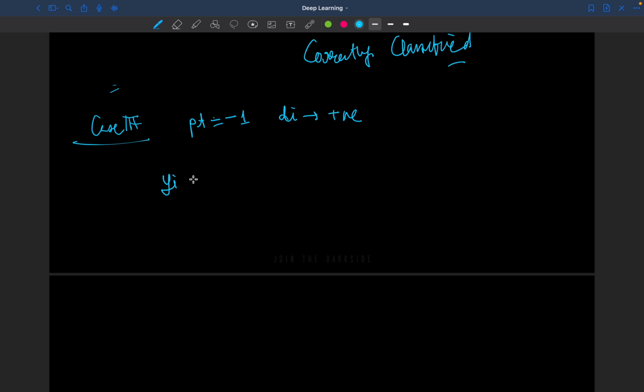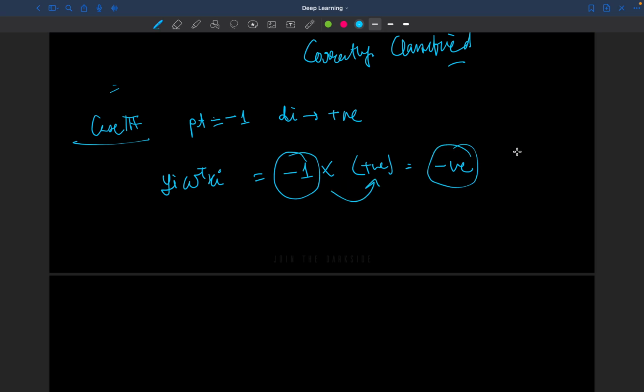The equation becomes yi w transpose xi equal to -1 into something positive, which is negative. So negative into positive becomes negative, which is less than 0. If we draw the number line, this is 0, this is positive, this is negative. Anything less than 0 is negative, hence misclassified.